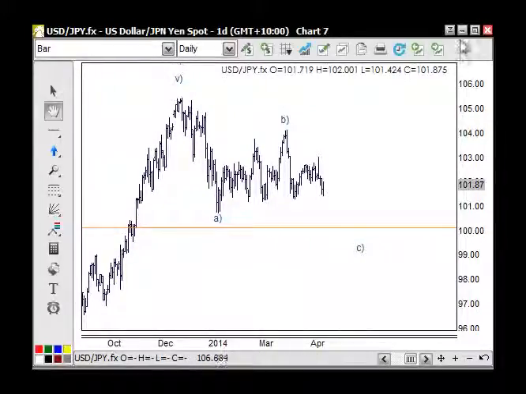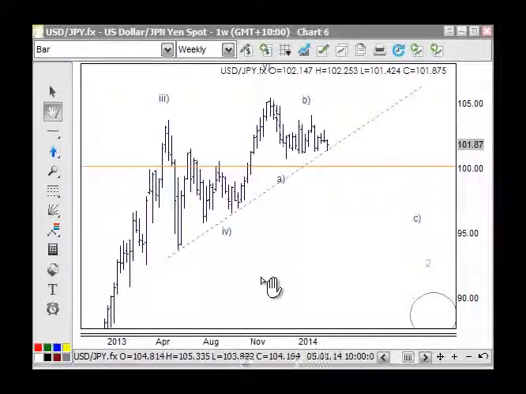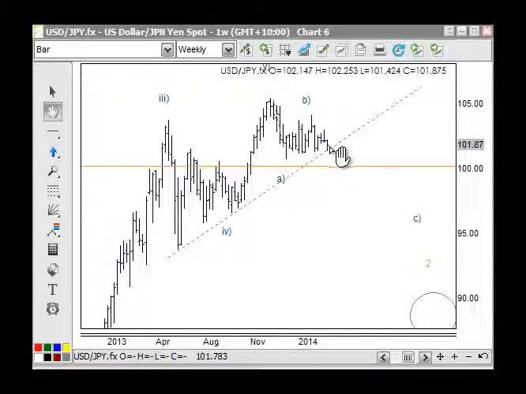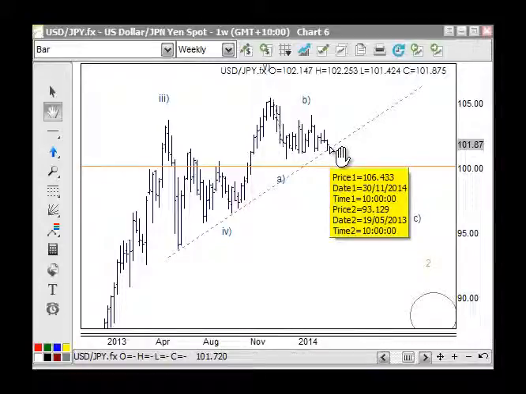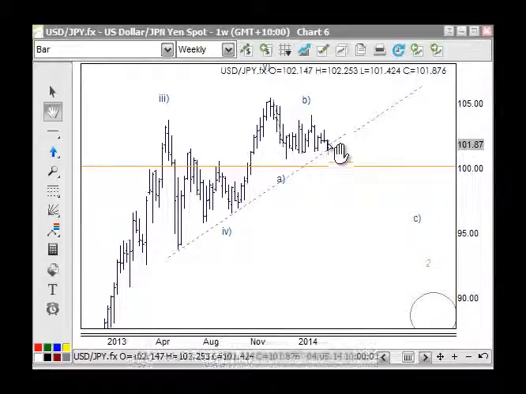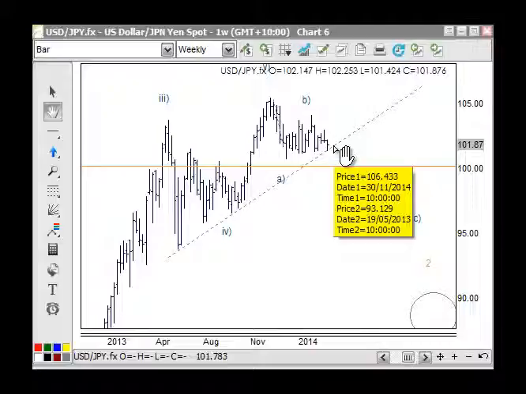It does have some support on the weekly trend line, so the weekly chart here, taking from this point and this point here. This is why it's being held up here. So you could use this if you do a bit of work on it. What normally happens if it's going to move through here, then it'll go back and retest that trend line. So that's something that you could look for.